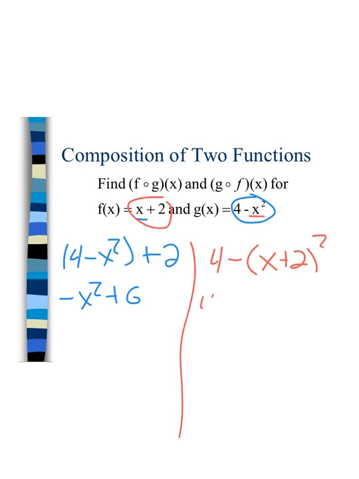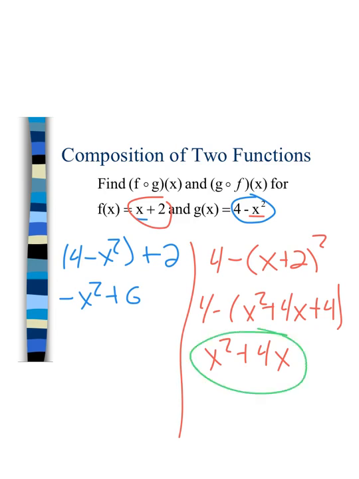All right, when I square that, we get x squared plus 4x plus 4. And now when I simplify everything, I end up getting negative x squared minus 4x, and then my 4's will cancel out. So if we compare the two, we can see they're not the same. We had x squared plus 4x, and then we had negative x squared plus 6. So it definitely matters the order of our composition and which one is our inside function.